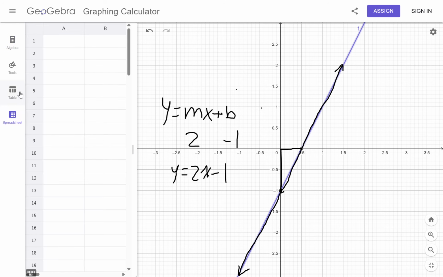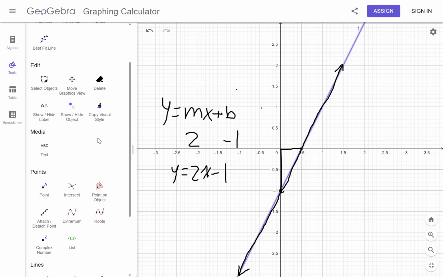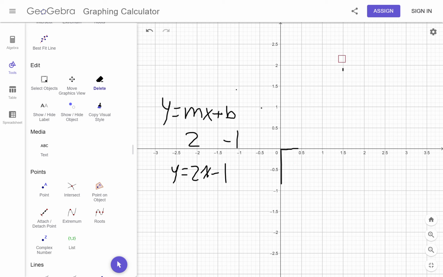Now let's try our other forms, like point slope form. Erase this line, and erase these equations. Okay.